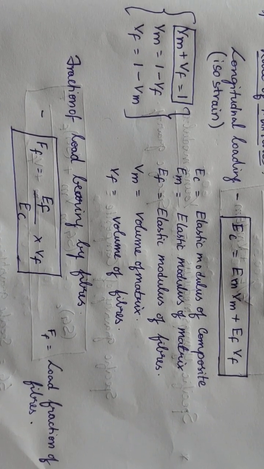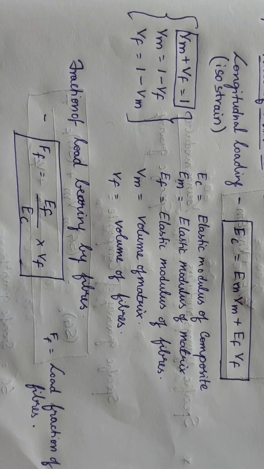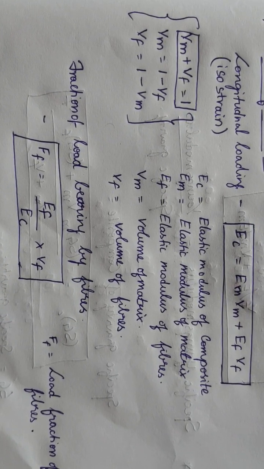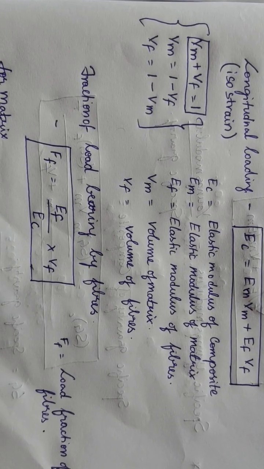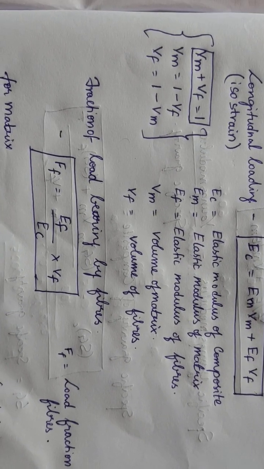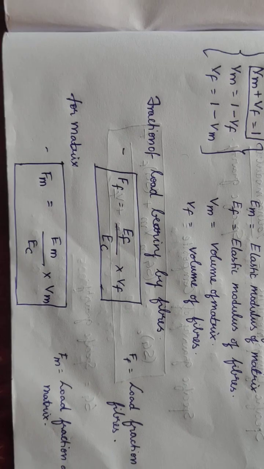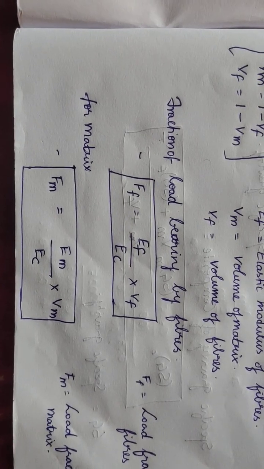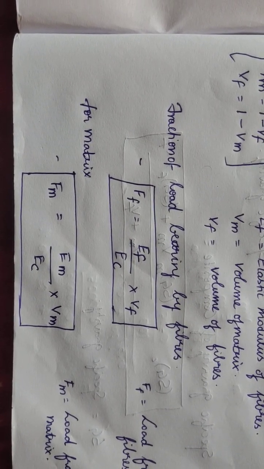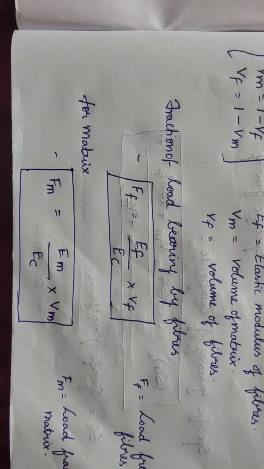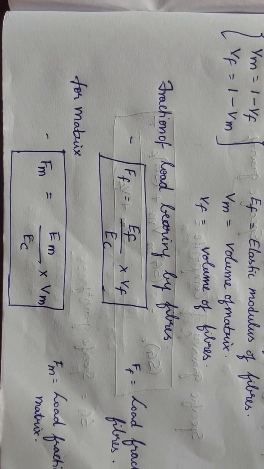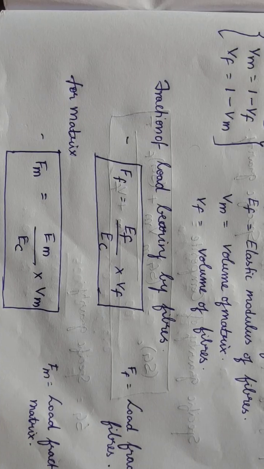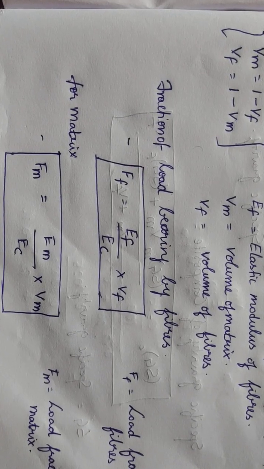Load fraction of fibers, Ff = Ef by Ec into Vf. Similarly, if we want to calculate the fraction of the load borne by the matrix, we can use Fm = Em by Ec into Vm.